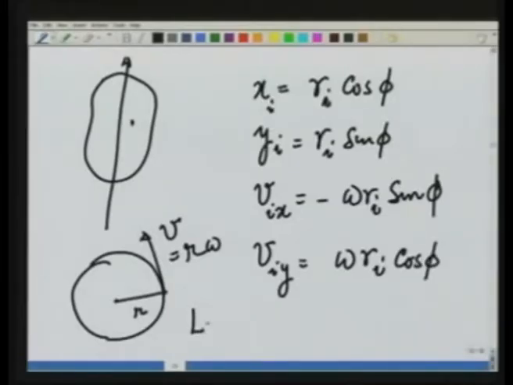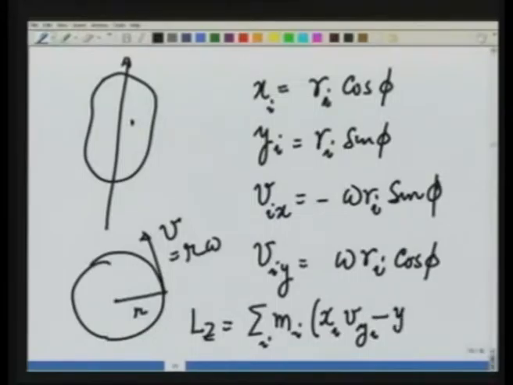Recall, Lz is nothing but summation over i of m_i (x_i v_iy minus y_i v_ix). Substitute all these quantities in.